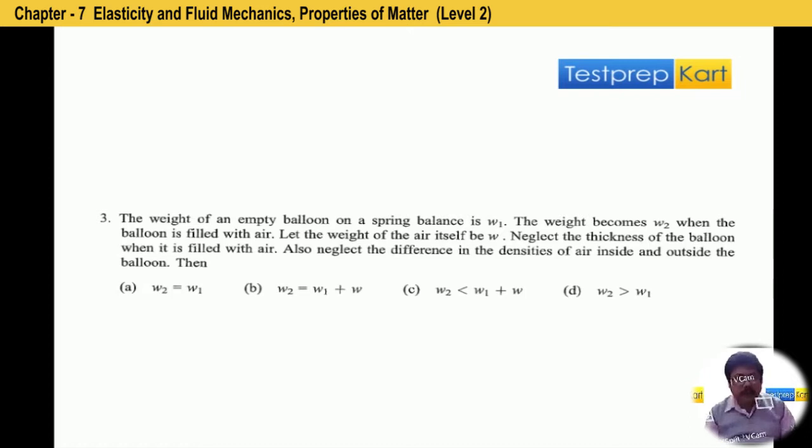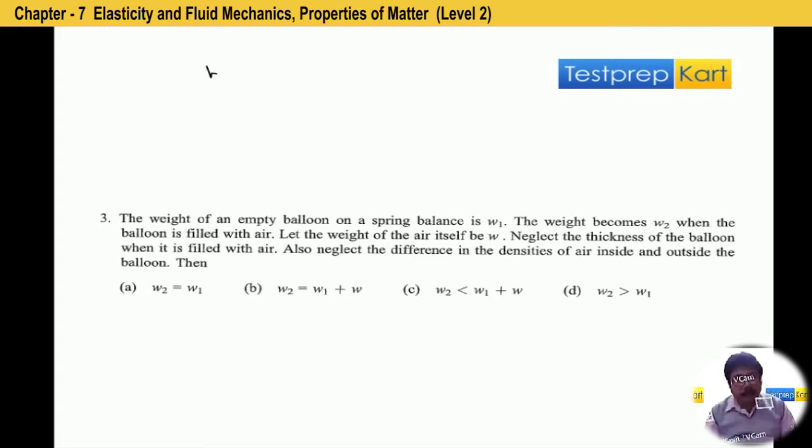So if I need to neglect the thickness of the balloon, in that case let the weight of the air itself be W. Also neglect the difference in the density of the air inside and outside the balloon.